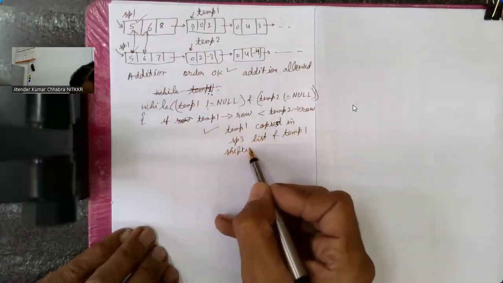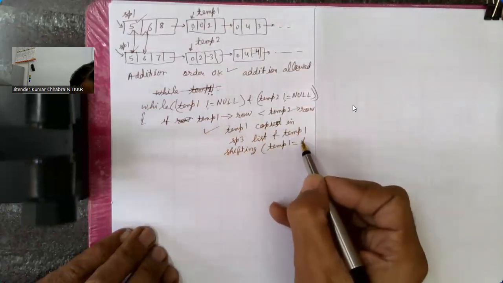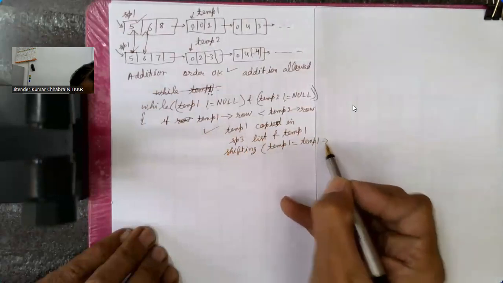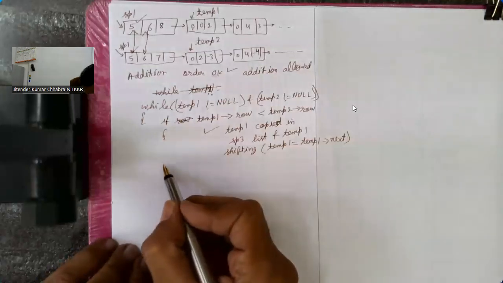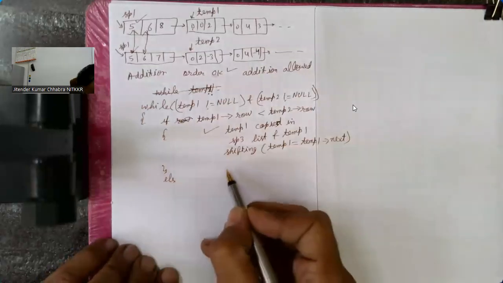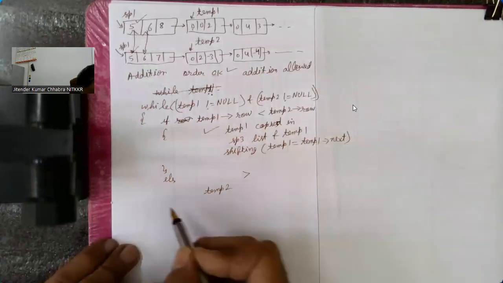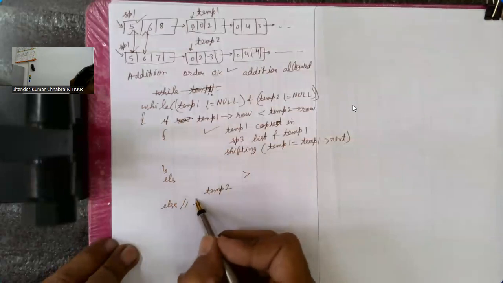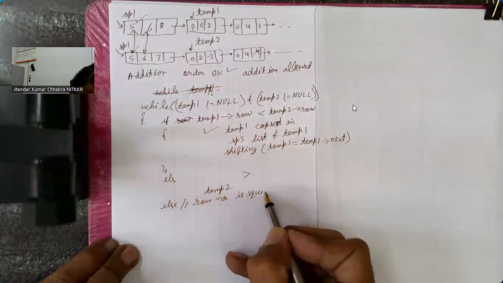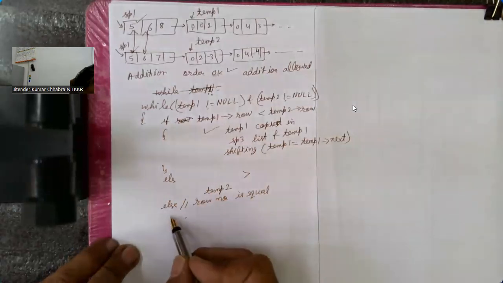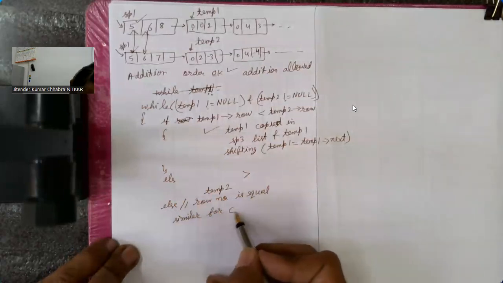Shifting will mean effectively temp1 becoming temp1 arrow next. Similarly, if this row was greater, then temp2 is used. Else, meaning the row number is equal, then the same process for the column number. And you can proceed like this.